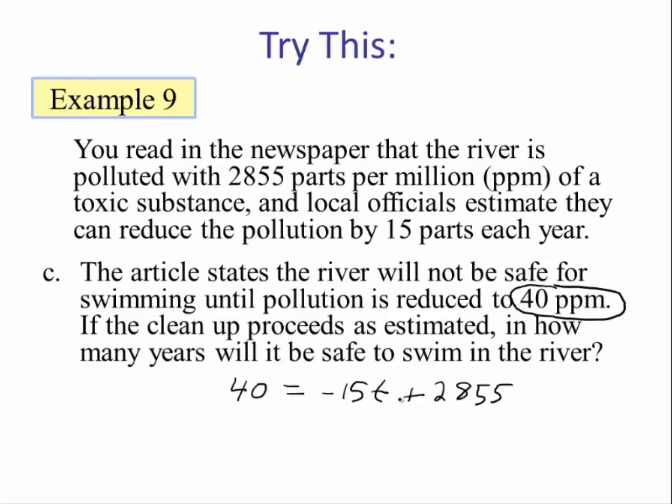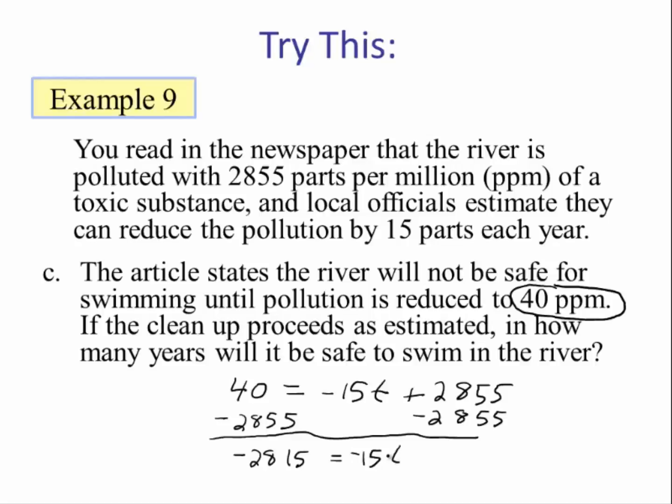Solving for t, we have to subtract 2855 from both sides of the equation. So this becomes a negative 2815, and we have a negative 15t.